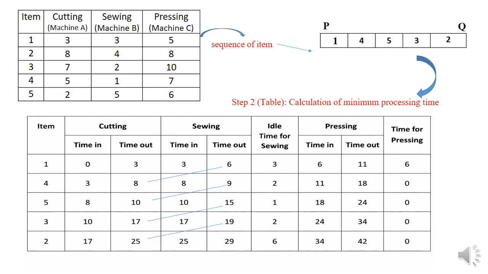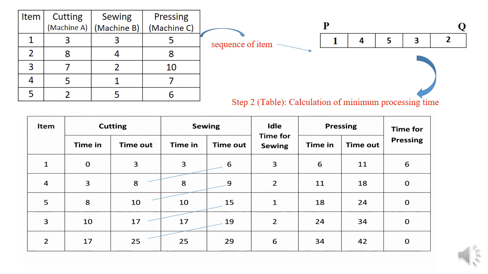Time out of sewing machine is 6, that means time in plus processing time of item 1 in sewing machine. Now the idle time of sewing machine is 3 hours. This 3 hours is for starting this item.